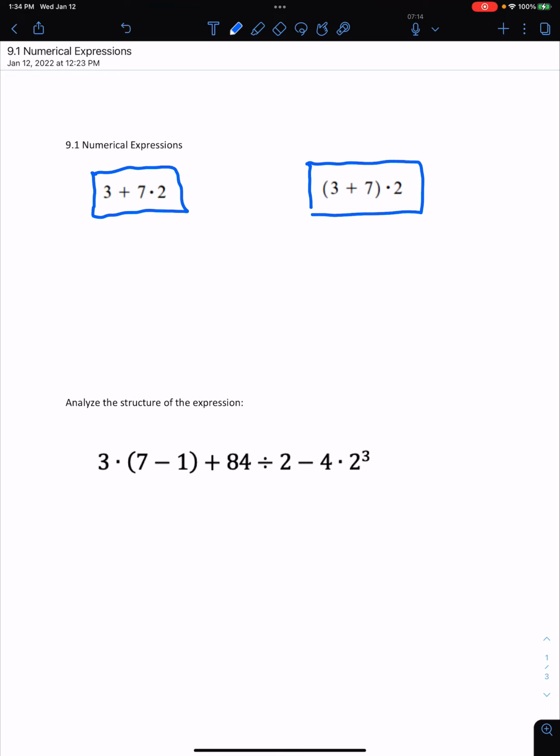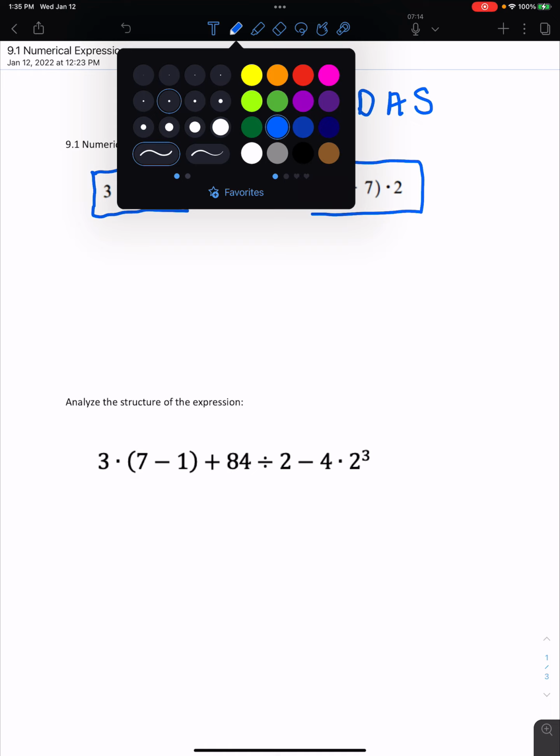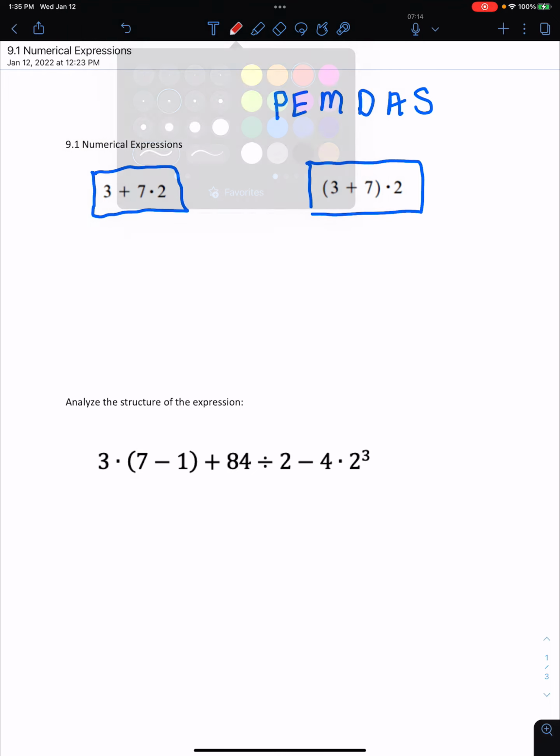And to do that, we have to remember our order of operations. A little mnemonic device to help you remember the order of operations is please excuse my dear Aunt Sally. So these letters represent the order in which we do these operations in a numerical expression.